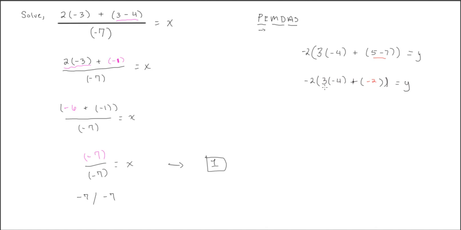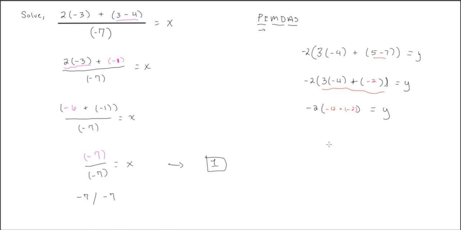Okay, the next thing I see is this big parentheses because all of this is finished. So I'm going to just take this and multiply it through. So I've still got -2, and then I've got my big parentheses here, and that's all going to be equal to y. And in the first case, I've got 3 times -4. When we've got 3 times -4, a positive times a negative gives us a negative, and then 3 times 4 gives us 12, plus our -2.